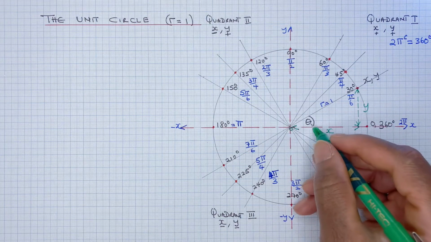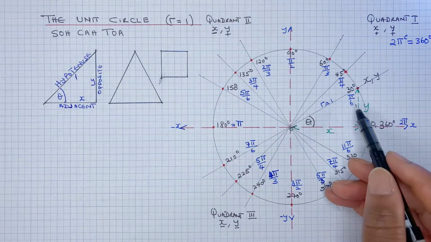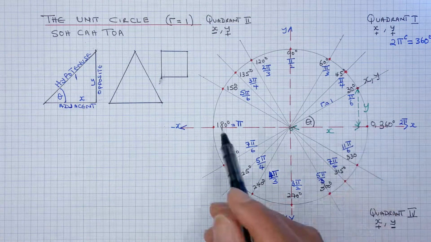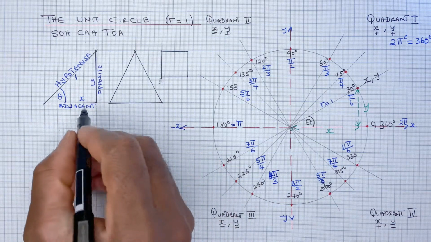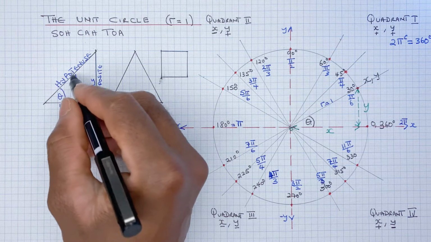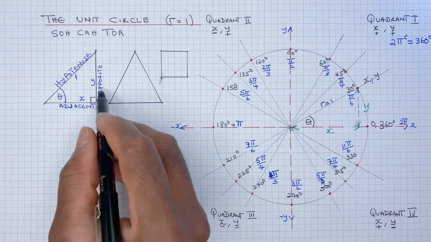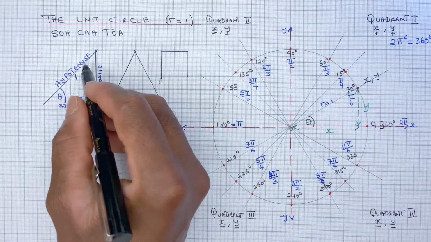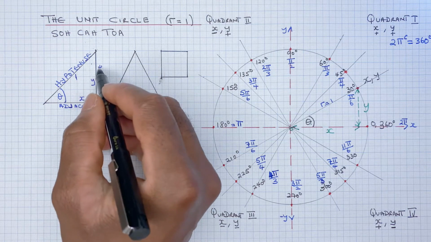And that has an angle, theta. Right, so what I've done is I've reproduced this triangle here. The longest side of a right angle triangle, so this is the right angle, is called the hypotenuse. This is the adjacent to this angle, and this is opposite to that angle. To this angle, this will be the opposite, and to this angle, this will be the adjacent.